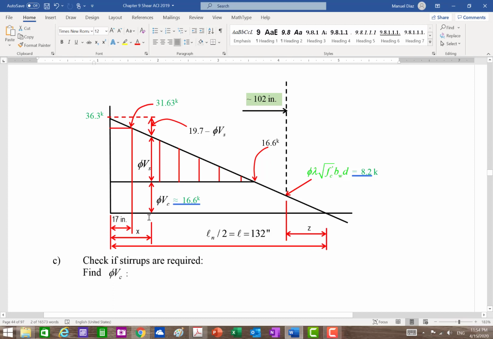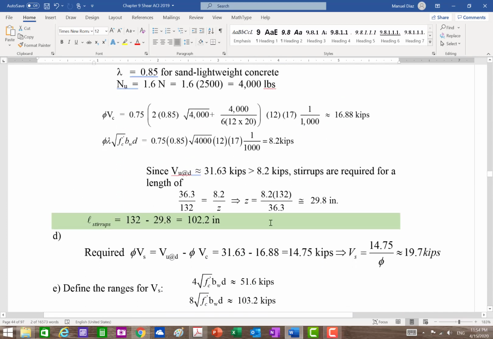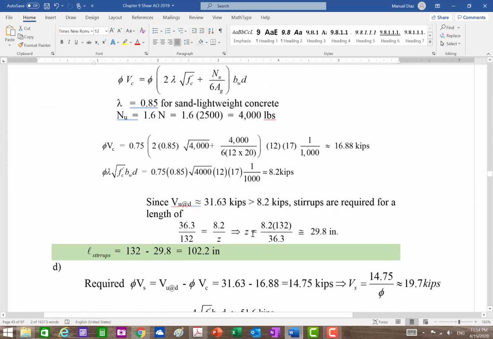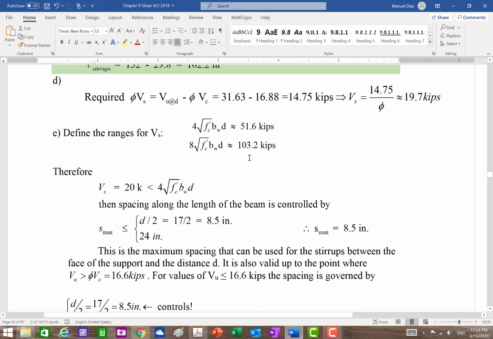And so when we do the proportions between the large triangle and the small triangle, we get the z value, and from there we subtract it from 132, and we get the length that needs to be covered by stirrups. And then the same, we find this phi V sub s by taking Vu at d minus the concrete strength, check against the two formulas.